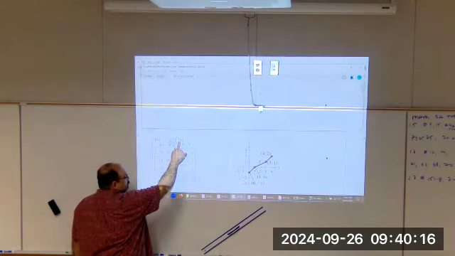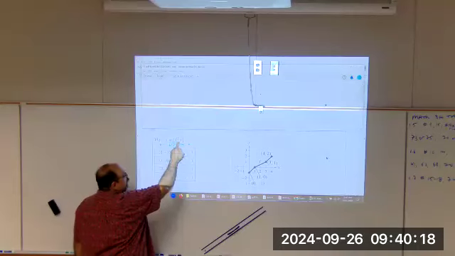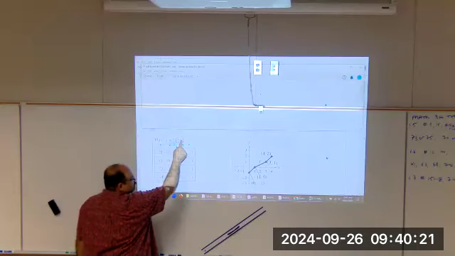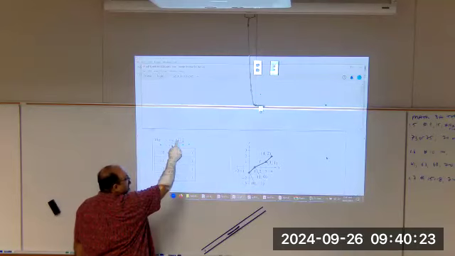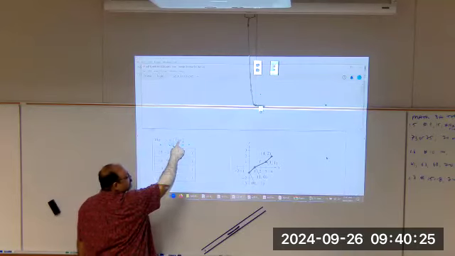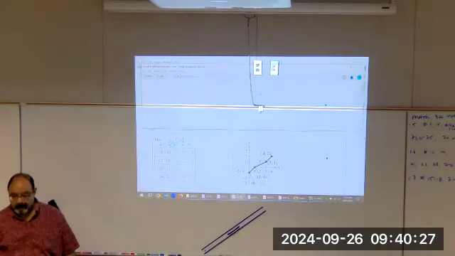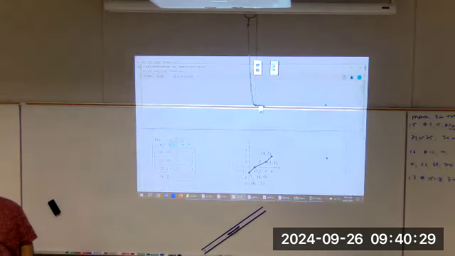What's happening is, before I actually plug something into the function, before I actually take f of a number, I have to take 1/2 of the x. I have to divide x by 2, and then I can plug it in.